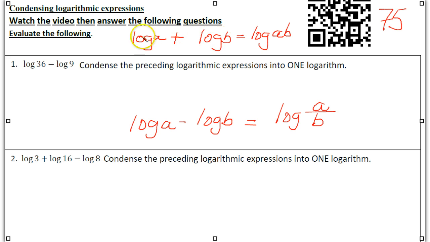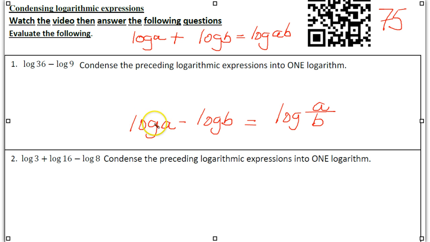If we wanted to condense that, we would write log, and now take our answer, and it's plus this answer, but remember that this is multiplication, that is A times B, in its condensed form. So we convert a plus into multiplication of the answers.